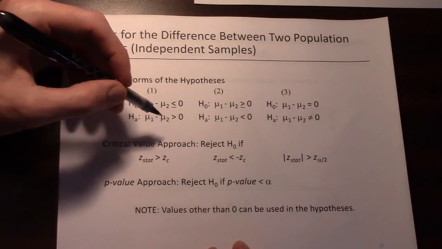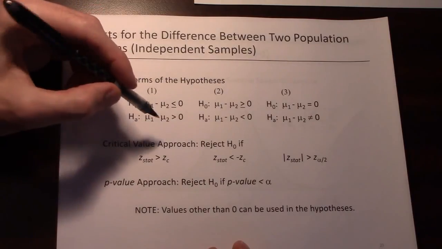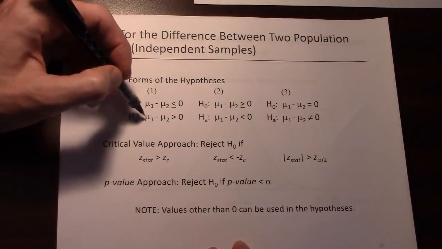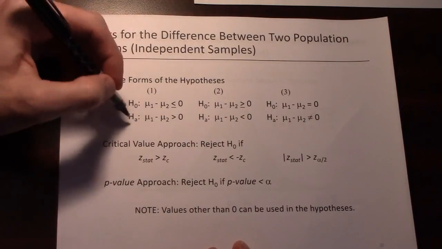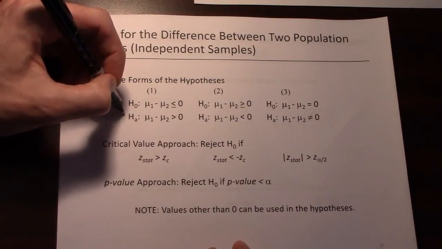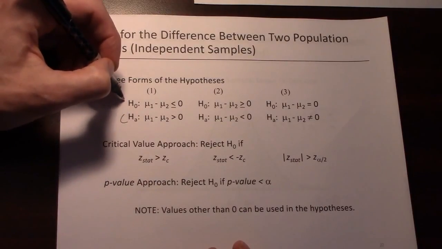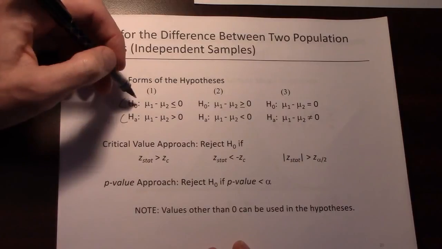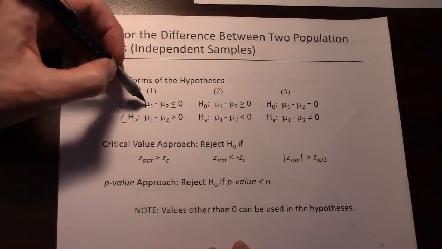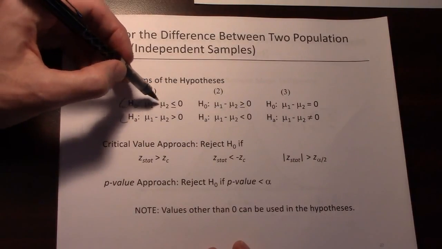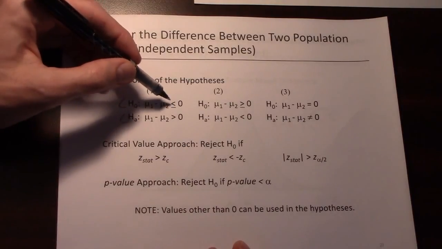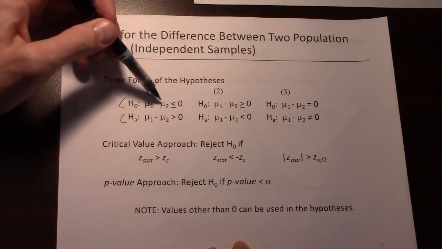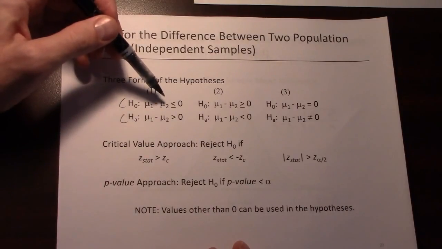It's positive, meaning there's more revenue generated from the new mix than the old mix, and it's definitely not negative. So let's make this our alternative hypothesis, and then let's make this our null hypothesis. This would be that the revenue from the new mixed farms minus the revenue from the old mixed farms would be less than or equal to 0. So it would be a negative number, meaning that the old mix is actually making more.